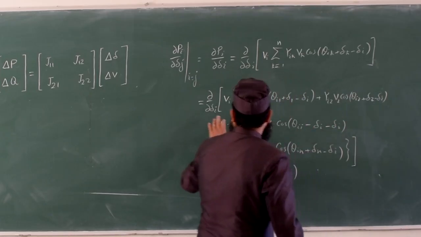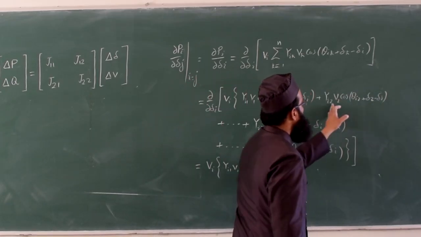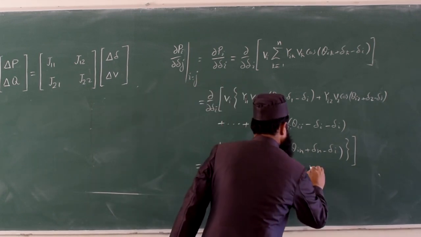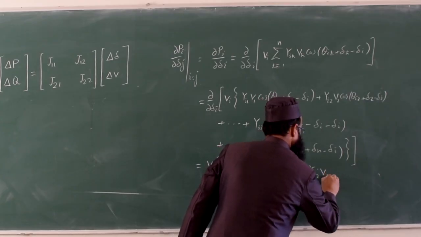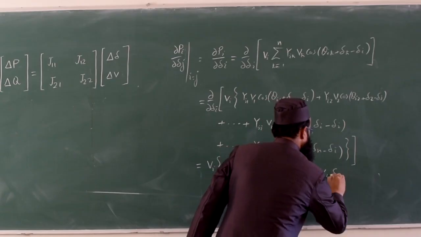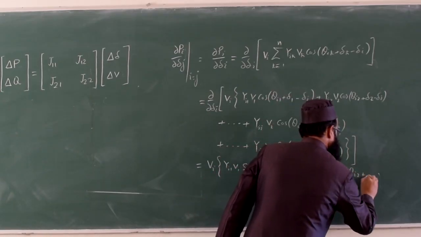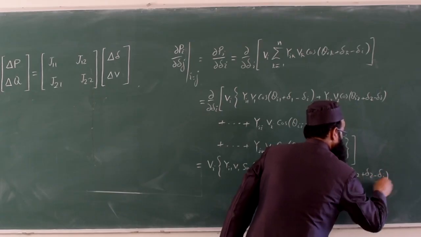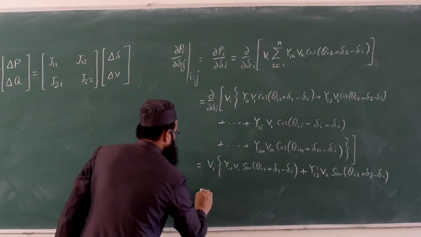Differentiating the second term with respect to δi, again there is a minus sign from this, and this minus sign cancels. So plus we can write Yi2 V2 sine of (θi2 plus δ2 minus δi), plus so on.